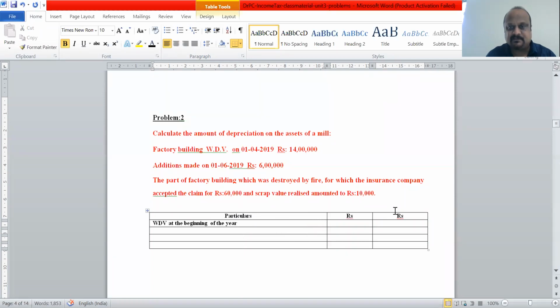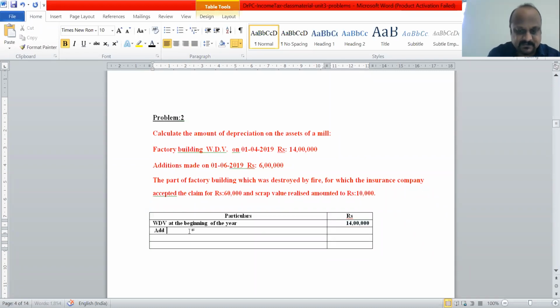So the written down value at the beginning of the year is 14 lakhs. To this, there are some additions made.